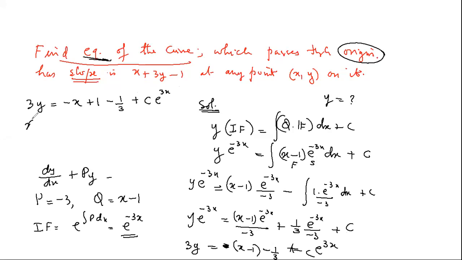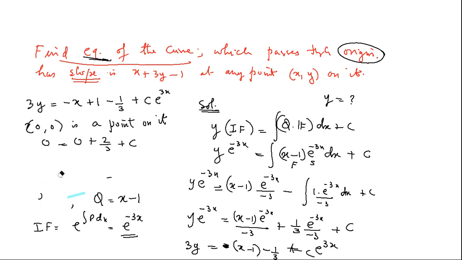When x is 0, 0 is a point on it. So 0 is equal to 0. If you write this, 2 by 3 plus c into 1, so c is minus 2 by 3. c becomes minus 2 by 3.